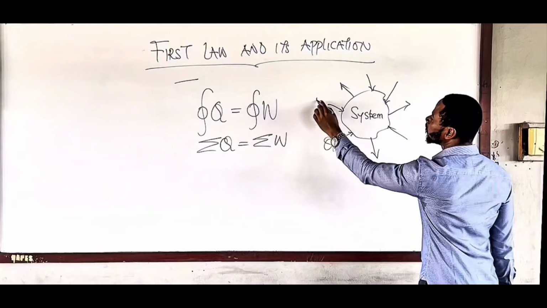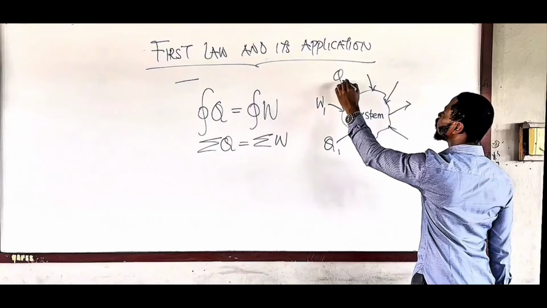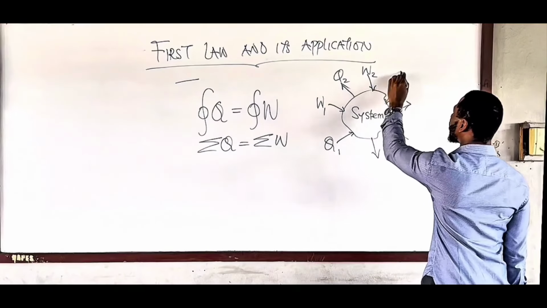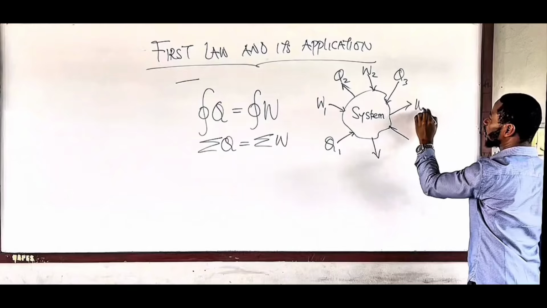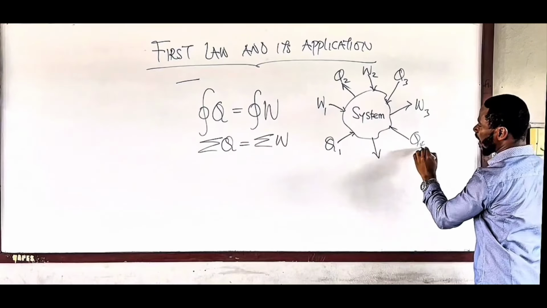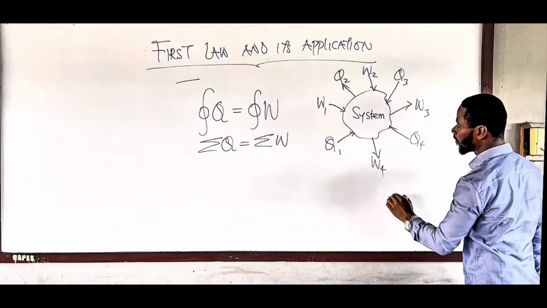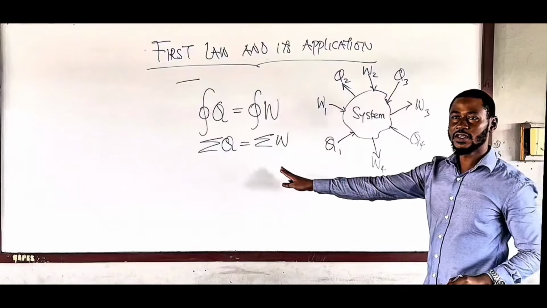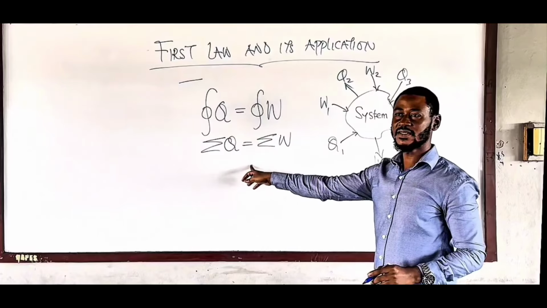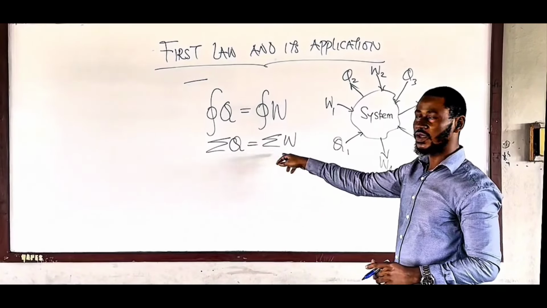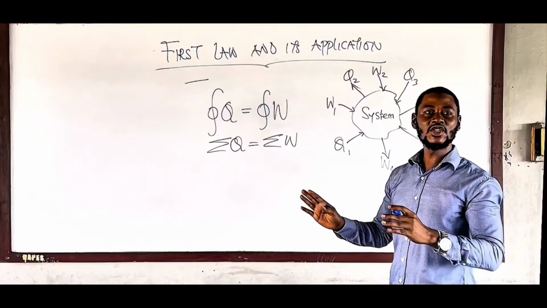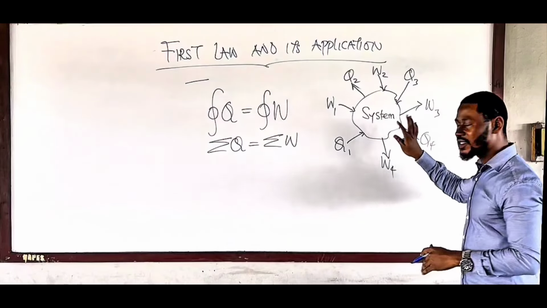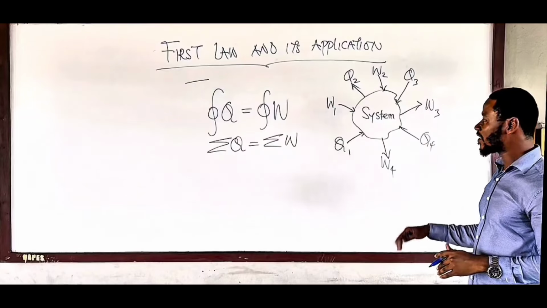We have Q1, W1, Q2, W2, Q3, W3, Q4, and W4 respectively. Going back to the first law that is expressed mathematically in this form, how do we get the summation of Q in this closed system that we are analyzing?